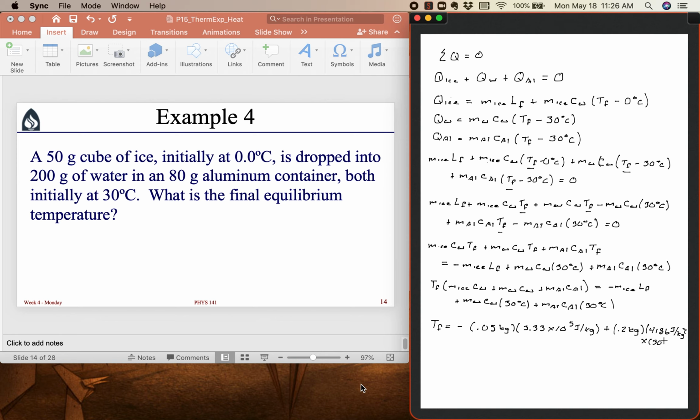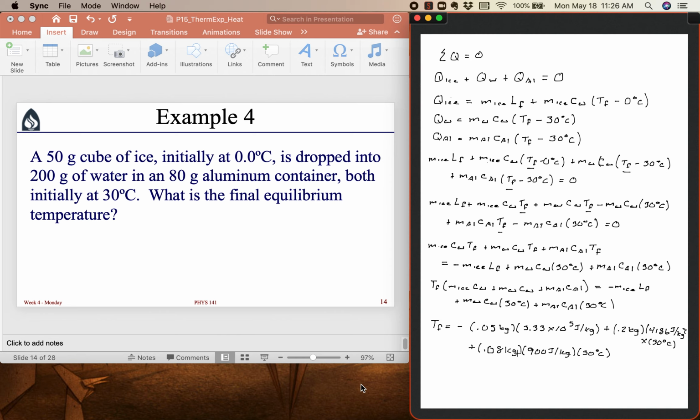Then I need to add to that plus the mass of the aluminum, which is 0.08 kilograms, times the specific heat of aluminum, which I can look up, and that is 900 joules per kilogram, and then times 30 degrees Celsius.